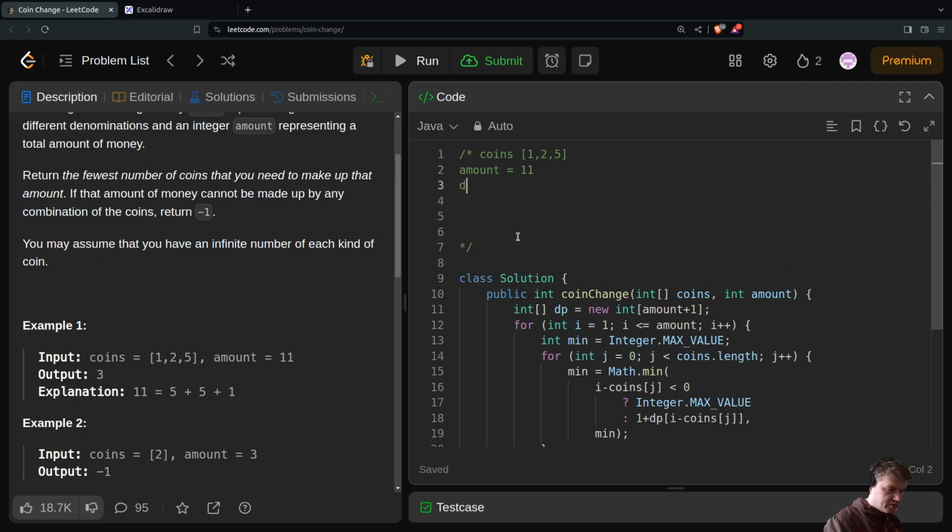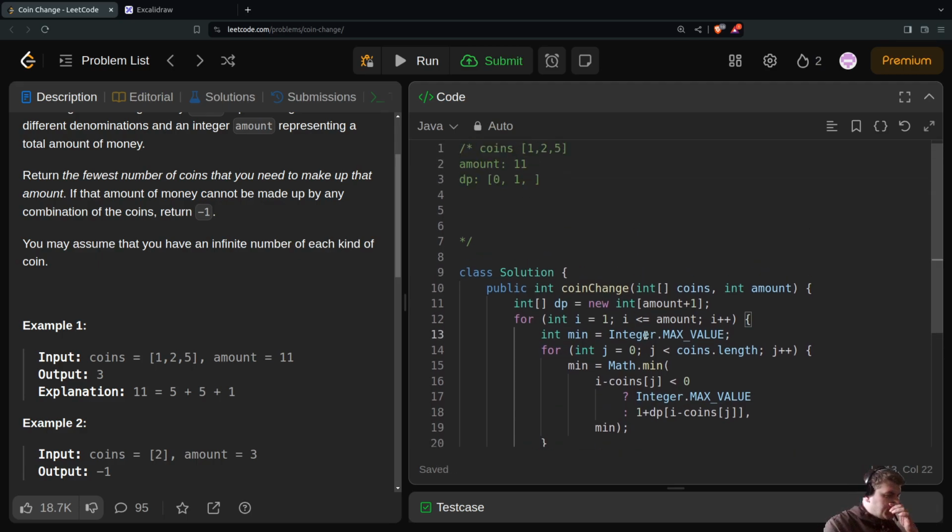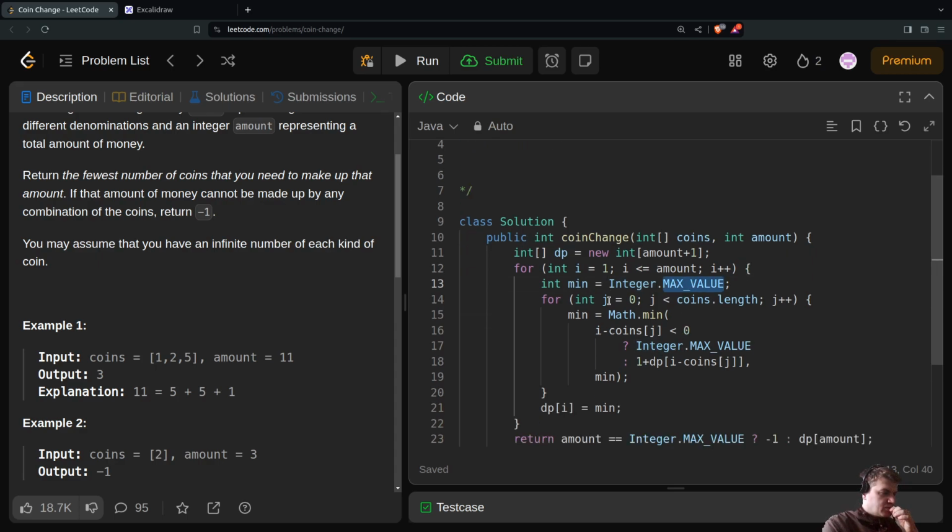So I'll have this dp array. It starts from the 0 element. So here 0 is 0. To get 1, I need to add 1. So to get 1, I have an integer max value as a minimum.